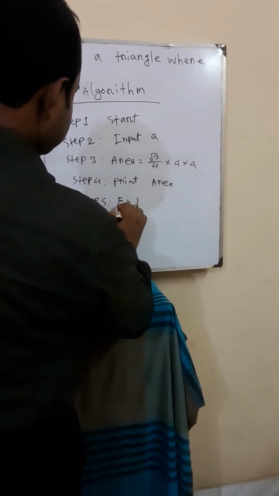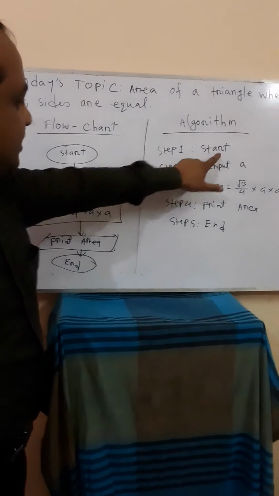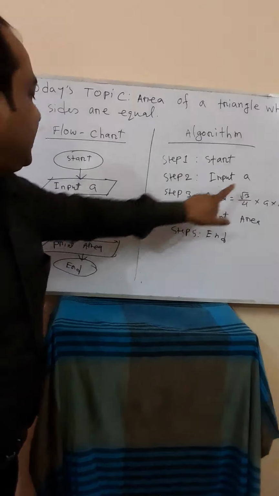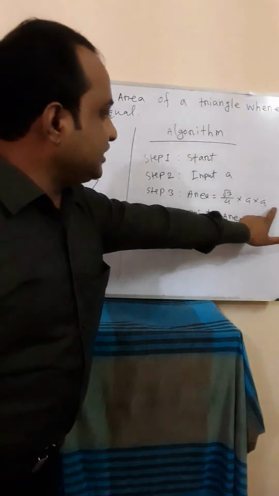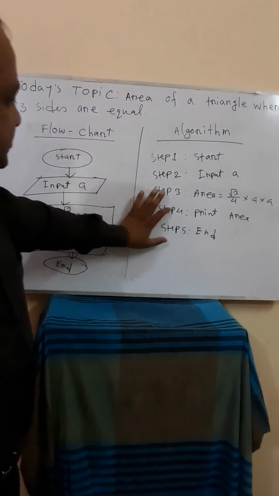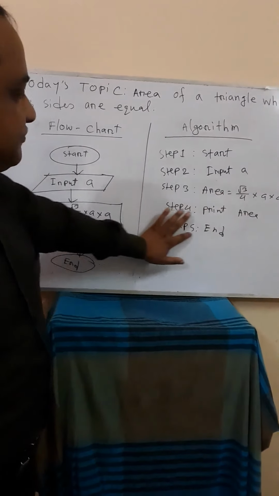End. This is the algorithm. I have just written step 1 start, step 2 input A, step 3 area equal to √3 by 4 A into A, step 4 print area, step 5 end.